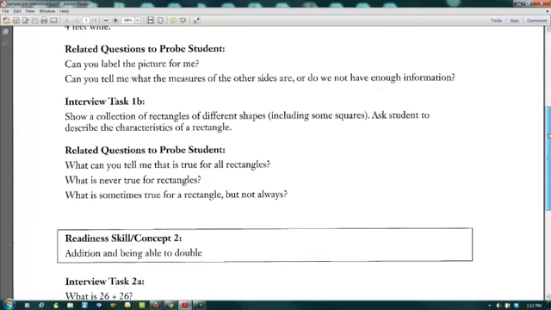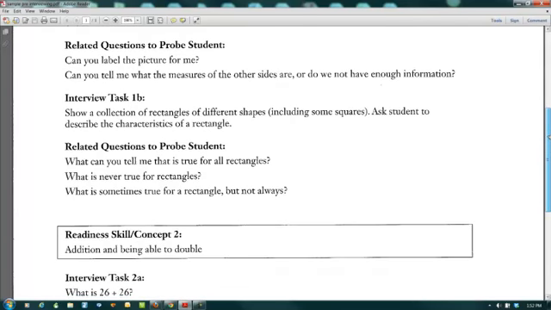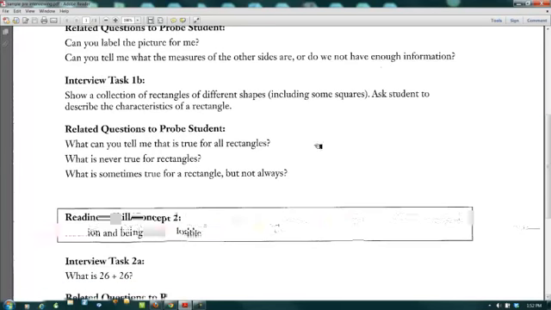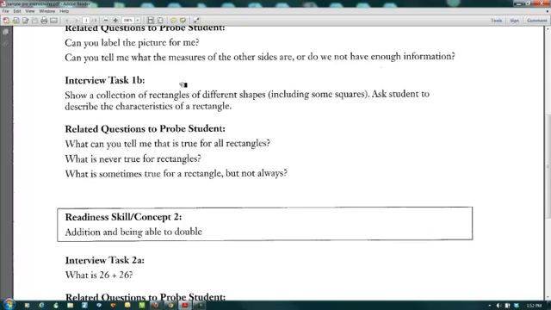Here's the second thing that this teacher is going to do to measure this particular skill and concept. Show a collection of rectangles of different shapes, and then ask the student to describe the characteristics of a rectangle. Okay? And then take a look at the questions that are asked here.